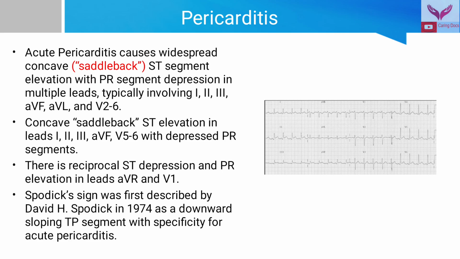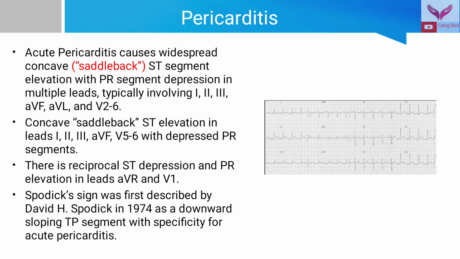In pericarditis, we get widespread concave, that is saddleback, ST segment elevation with PR segment depression in multiple leads, typically involving lead 1, 2, 3, AVF, AVL, and V2 to V6. We get concave saddleback ST elevation in lead 1, 2, 3, AVF, V5 to V6 with depressed PR segment.